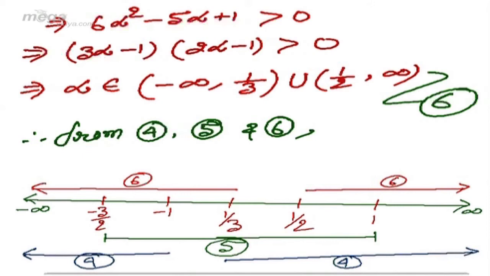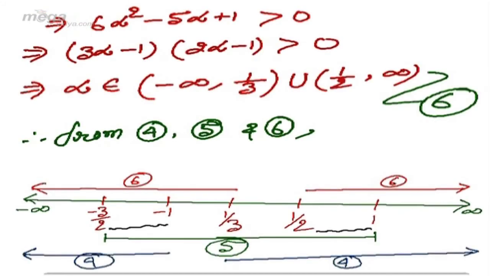So from the figure, student, you can identify the common region is minus 3 by 2 to minus 1 and half to 1. And for all of these, we will use the open bracket. Hence, from the number line, you can write alpha belongs to minus 3 by 2 to minus 1, open interval, union, open interval, half to 1.